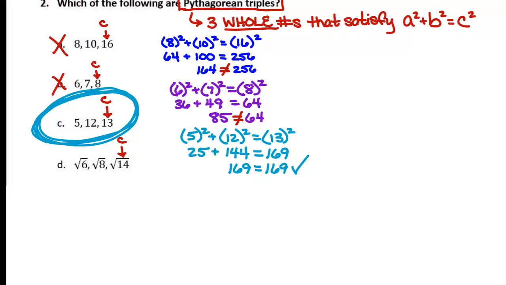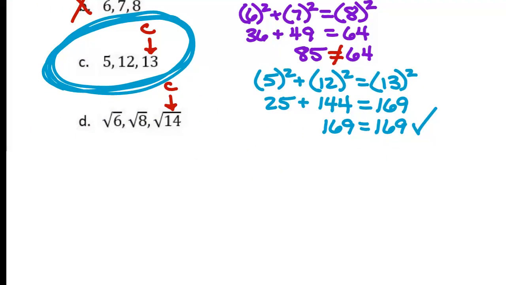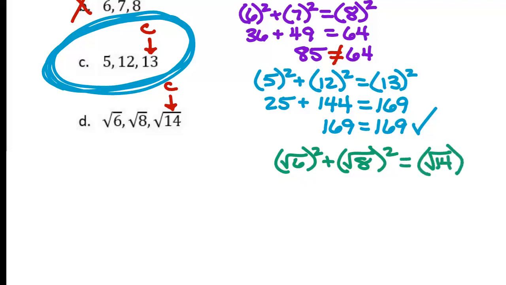All right. Oh, we don't do the last one? Well, we're doing the last one now. Very last one here. Square root of 6 squared plus the square root of 8 squared equals the square root of 14 squared.